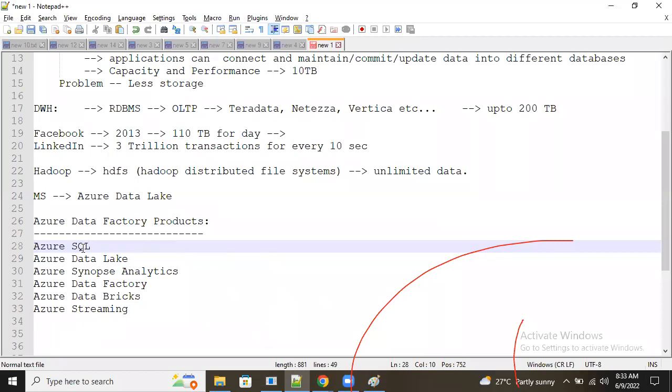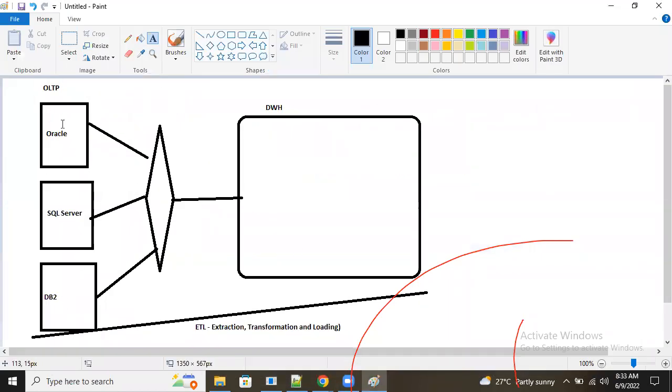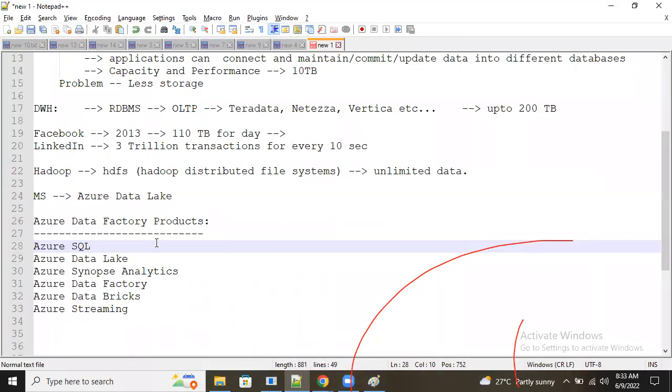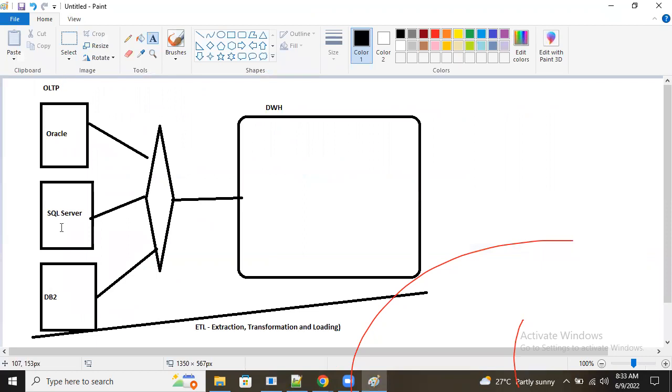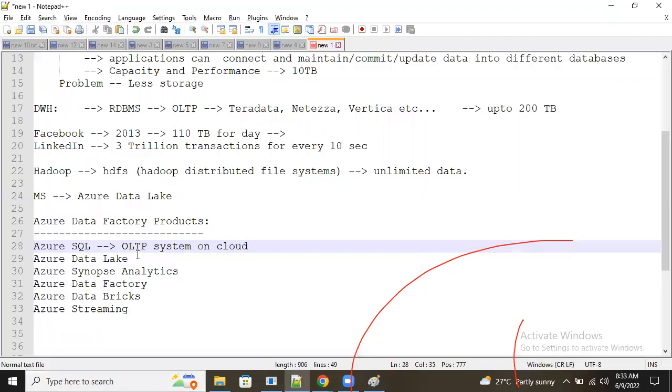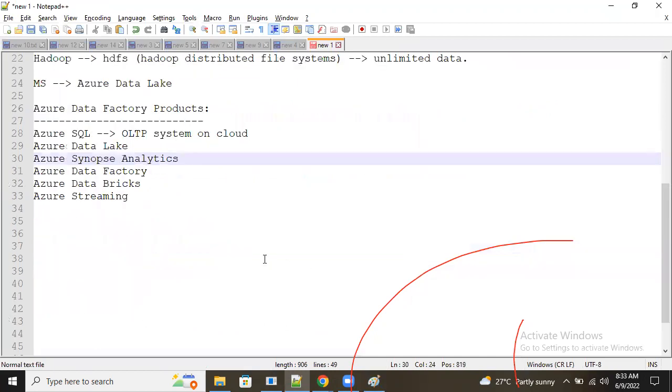Where can we apply Azure SQL statements? In OLTP. This is also an OLTP system, but on cloud. So this is useful only at this point, to pull the required data from the different sources.